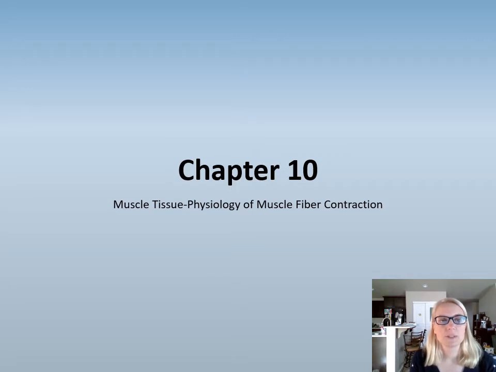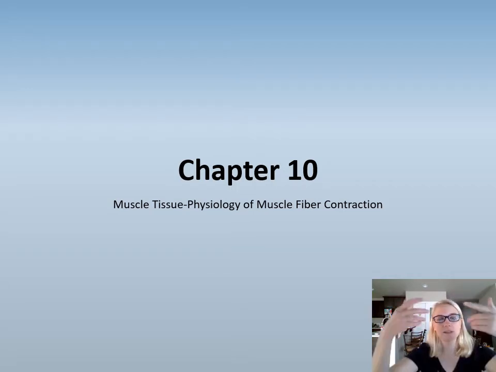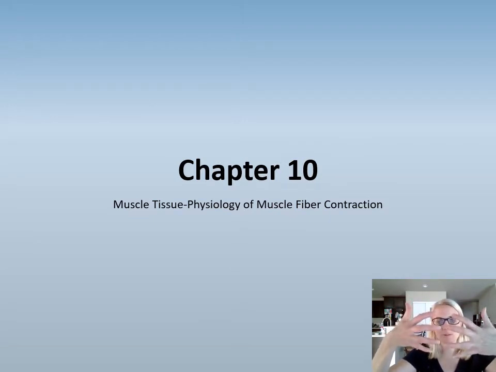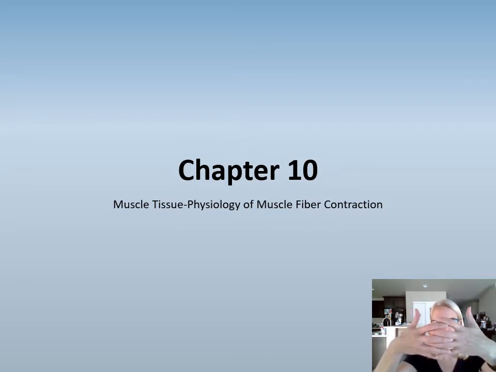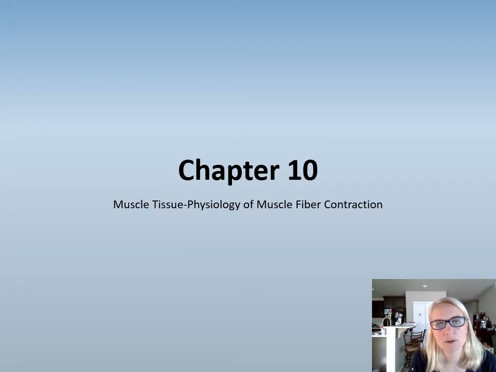So the sliding filament theory is the idea that muscle contraction occurs because the thick and the thin filaments are sliding over each other. So thick and thin interact to contract and relax, and contract and relax. So this is what we have to make all of those parts and pieces that we just learned work into doing that.